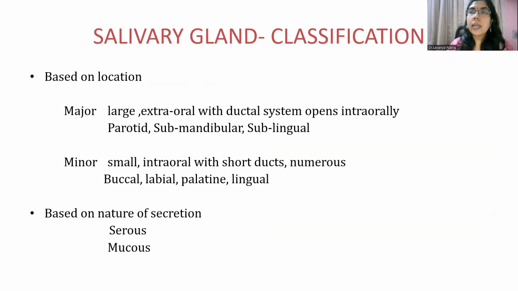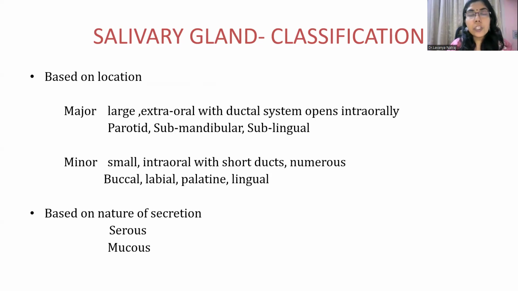The major salivary glands are the parotid, submandibular, and sublingual. The minor salivary glands are smaller in size. They are present intraorally only. They have short ducts and they are numerous in number. They are mostly seen on the buccal mucosa, the labial mucosa, the palatine region, and of course, the lingual surface, meaning the dorsal surface of the tongue.